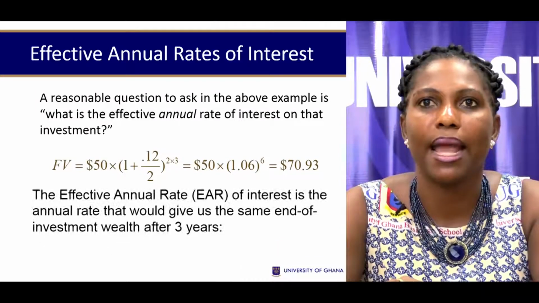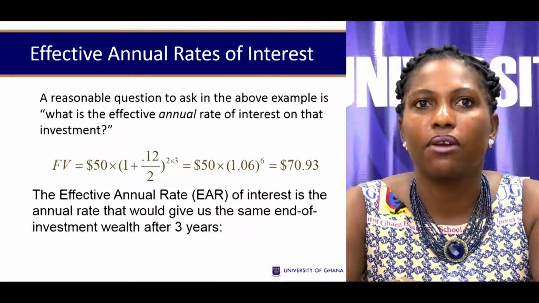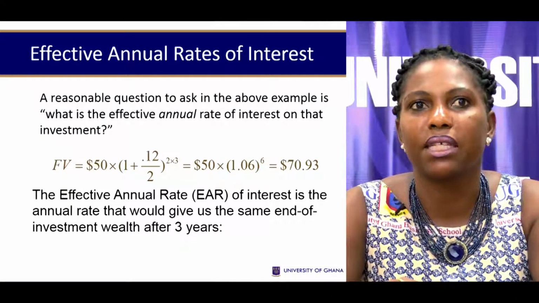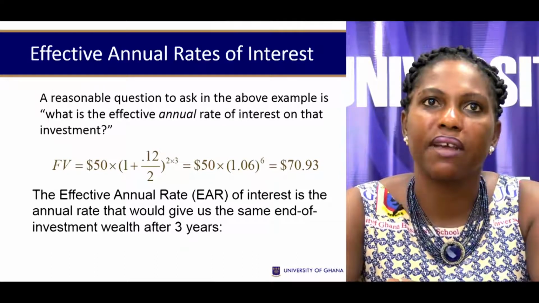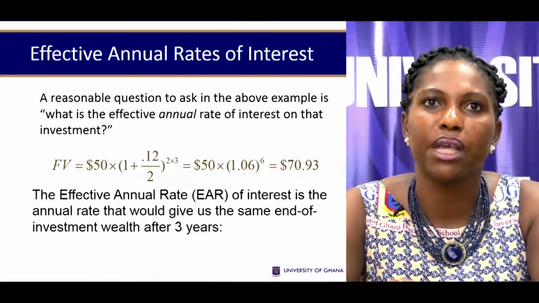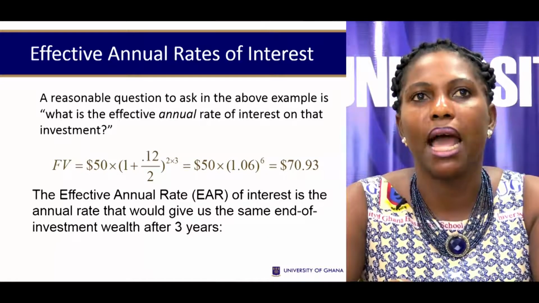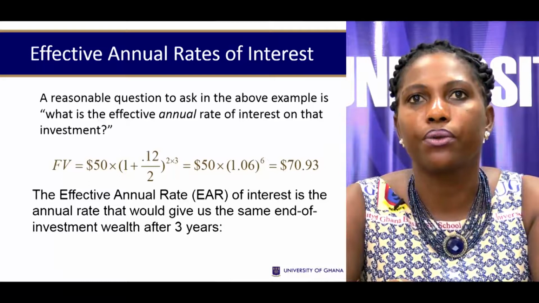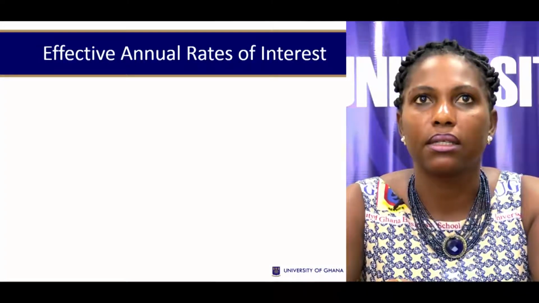So the interest that will give us the same end-of-investment wealth after 3 years is what we refer to as the effective annual rate of interest. It means once we apply this interest, we come up with the same thing as if we had gone through the procedure. And so that becomes our EAR, and this is it.